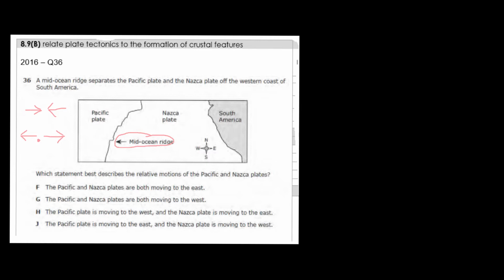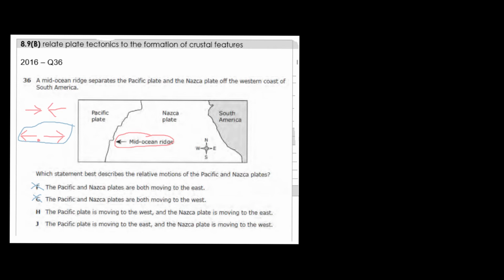And what we're looking for is divergent boundaries, where we have one plate going this direction, the other plate going the opposite direction. G says that the Pacific and Nazca plates are both moving west. Once again, we have two plates going the same direction, so we know that F and G we can automatically eliminate. So now we're left with H and J.